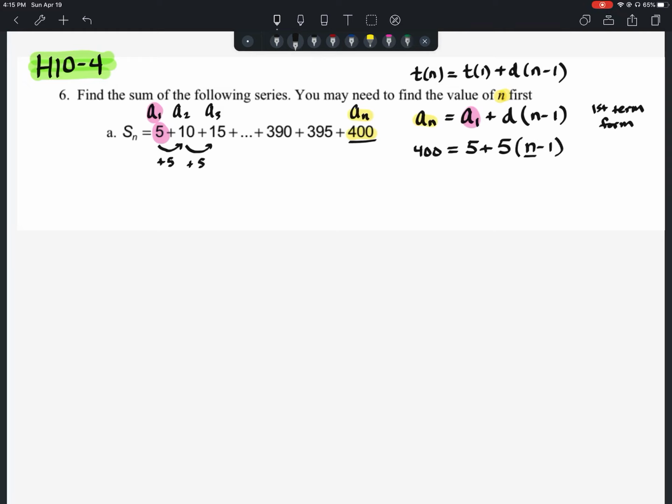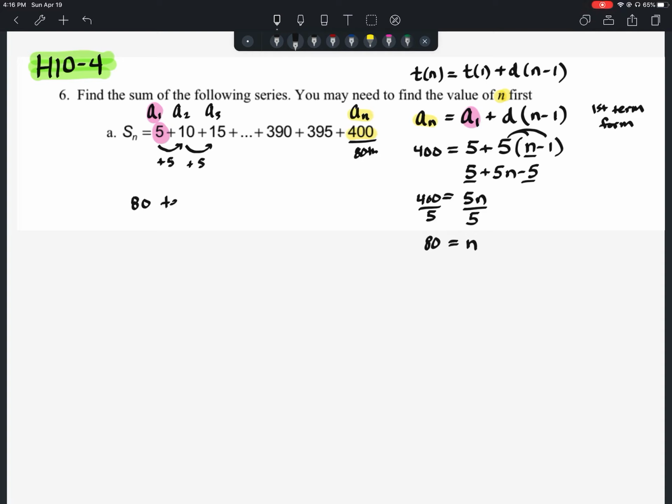We're trying to figure out what n is, so you don't want to put anything in for it. Let's distribute the 5 through so we can simplify. We have 5 plus 5n minus 5. This 5 and this 5 will cancel out, so we have 5n is equal to 400, which tells us that there are going to be 80 terms in this series, which means this is our 80th term.